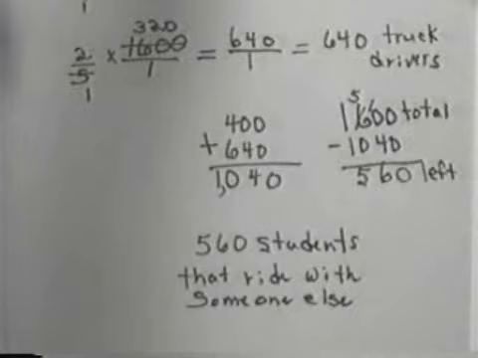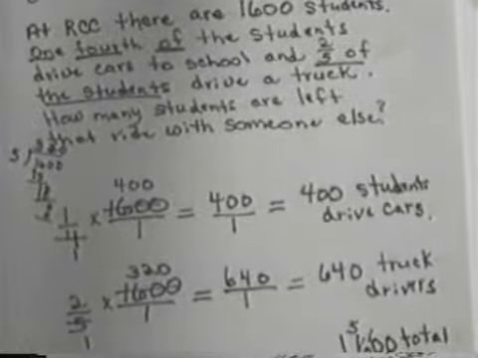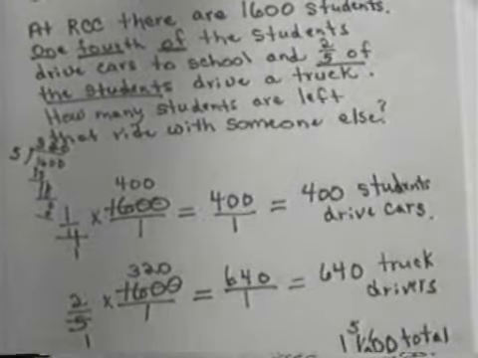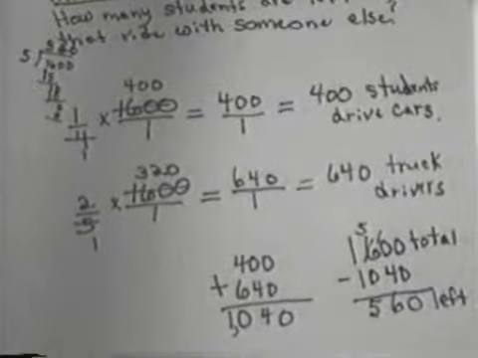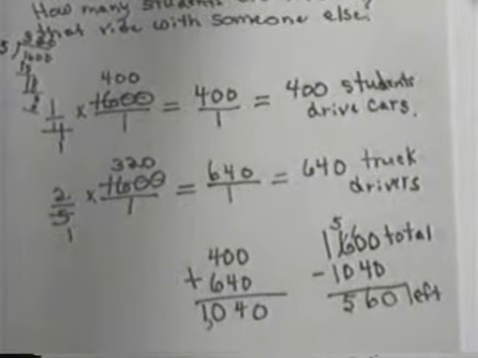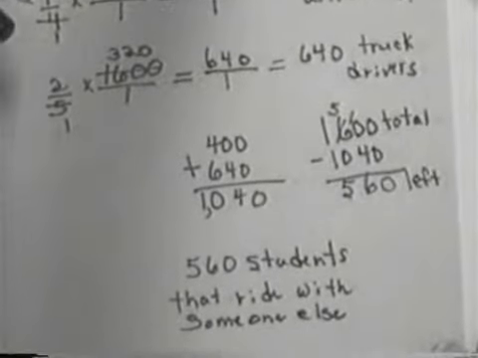So this was a case where we had to do 2 multiplications to get going, find a fourth of 1,600, see how many people drove cars, find 2/5 of 1,600, see how many people drove trucks, put those two together to get our 1,040, then see how many people that left us with. We took 1,040 from the 1,600 and we had 560 people left over.